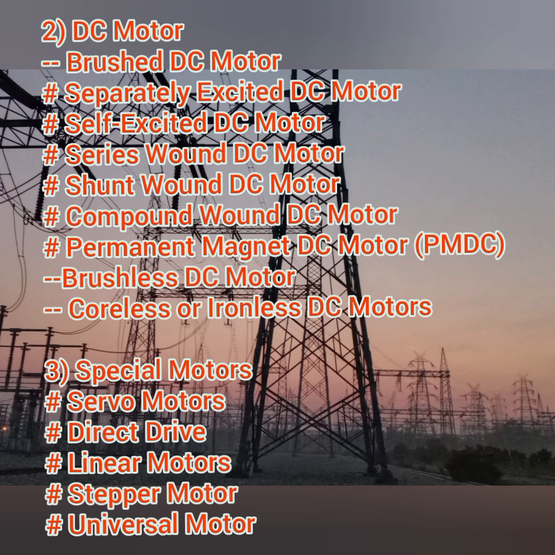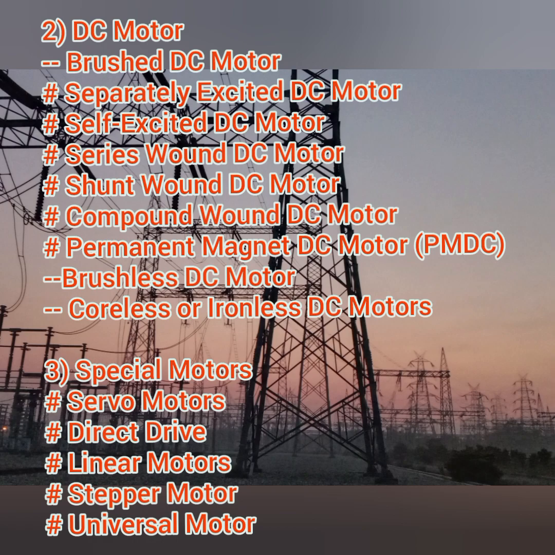Then DC motors. The DC motor is further classified into brushed DC motors and brushless and coreless DC motors. The brushed DC motor is subdivided into separately excited DC motor, self-excited DC motors, series wound DC motor, shunt wound DC motors, compound wound DC motors, and permanent magnet DC motors.